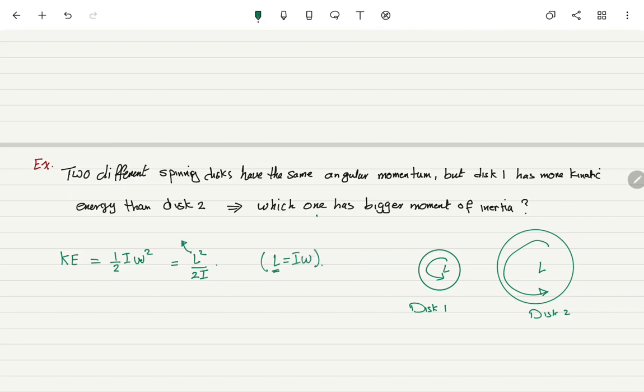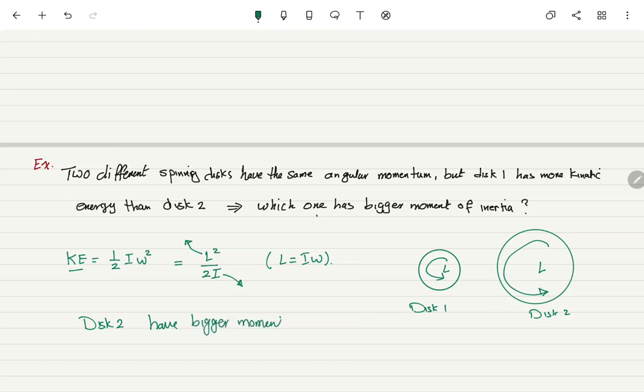Since L is the same here, a bigger I will produce smaller rotational kinetic energy and vice versa. So disk 2 has the bigger moment of inertia.